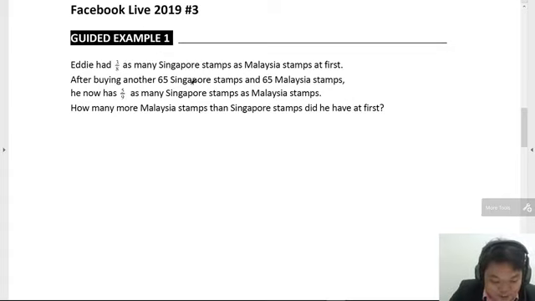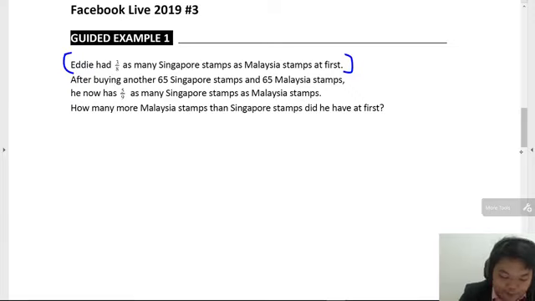Okay, let's go on to example 1. Eddie had 3/8 as many Singapore stamps as Malaysia stamps at first. Okay, then after buying another 65 Singapore stamps and 65 Malaysia stamps, he now has got 5 out of 9 as many Singapore stamps as Malaysia stamps.